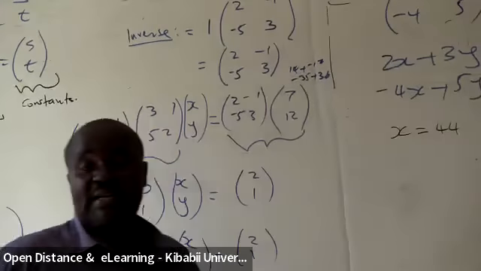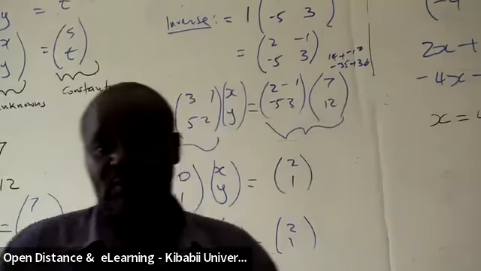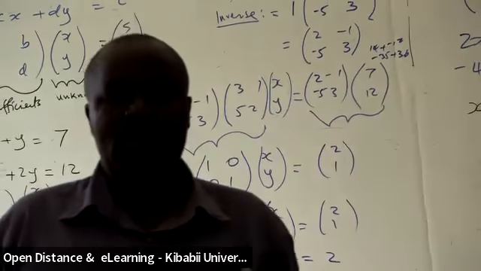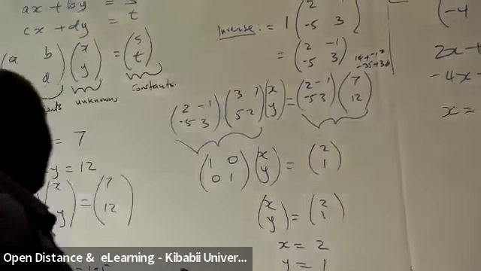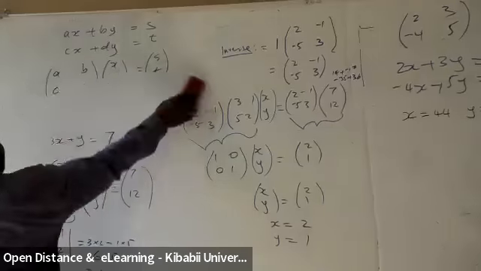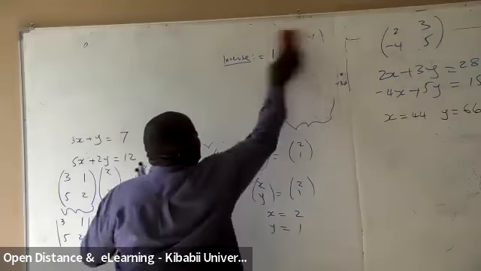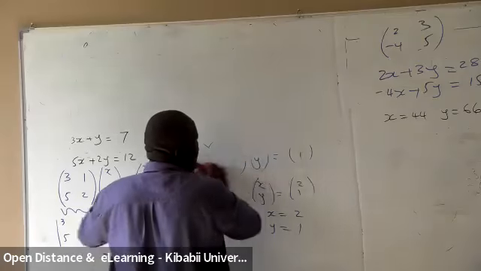Let us now look at an alternative way of solving such matrices, solutions to linear equations, and this is what is referred to as Cramer's rule. That's by inversion.